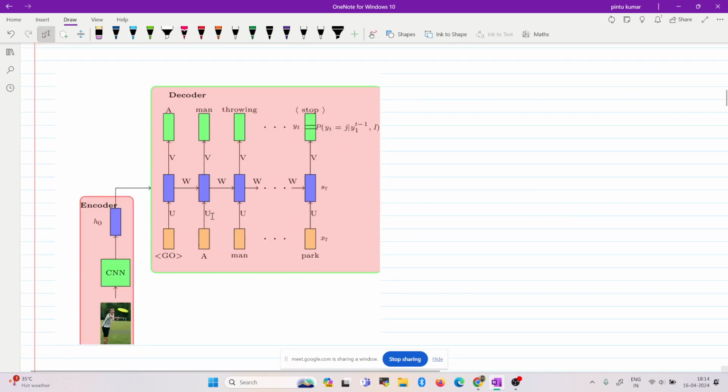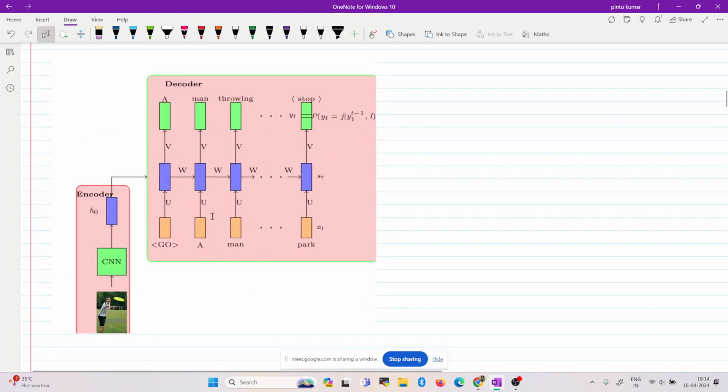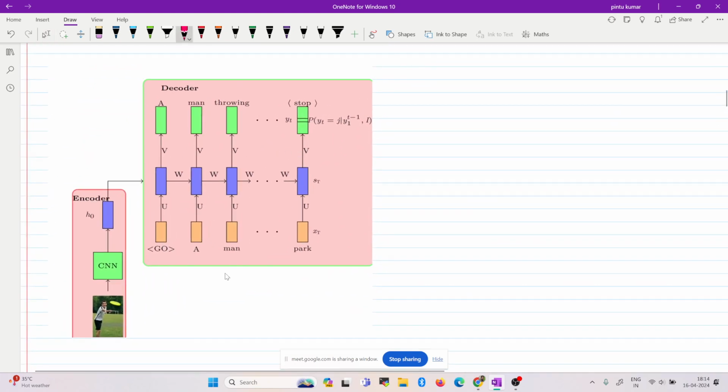Okay, so let's look at one of the examples. How does this thing work? Let's say this is your image captioning task. What you will do is begin with your image and pass it through a CNN, then using whatever extraction the CNN can do, you will create a fully connected layer towards the end, and you will get this vector H0.